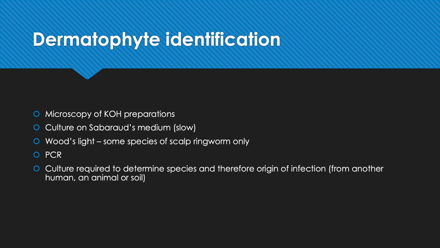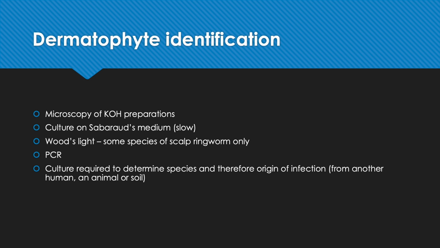So how do I identify the presence of dermatophytes within the skin? Well, it's very easy in clinic to take skin scrapings, so these are pieces of scale which are put onto a glass slide. We then apply potassium hydroxide solution to the slide, warm it up, and then look at them 5 or 10 minutes later.